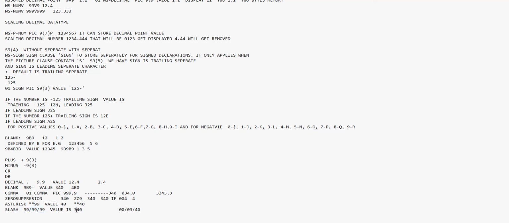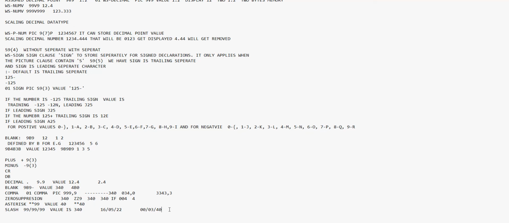If I mention the value 340, for example, first 0 it will take, then 4 and slash 3 0 slash and 0 0. And if the value is, for example, 16 05 2022, it will display 16 05 2022. Okay, got it.